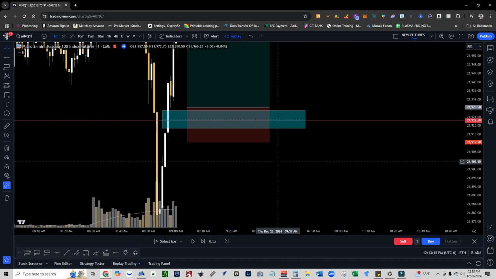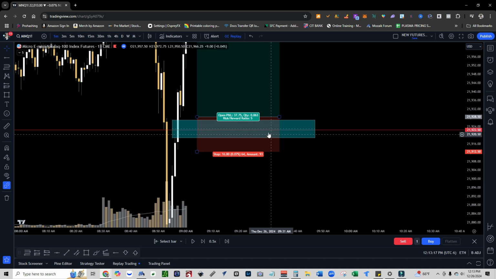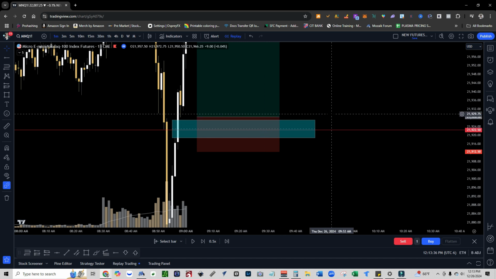So that's going to dot out that line, because remember, if anything is below, it's a little bit weaker. You want it to bounce out in the top range of the rectangle that you have. But as long as it's in here, it should still work. You just don't want to close below this at all, because then it invalidates it. But if it's up in here, then it's really powerful. If it doesn't even hit it, then that's even more powerful. But that's just something to look for.